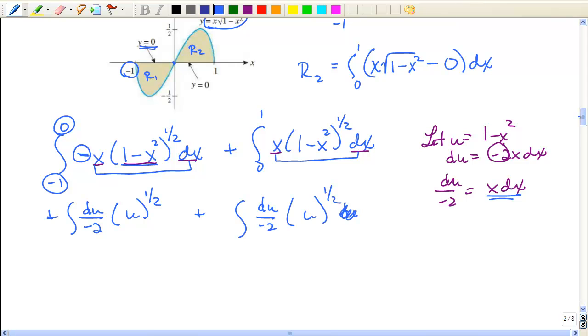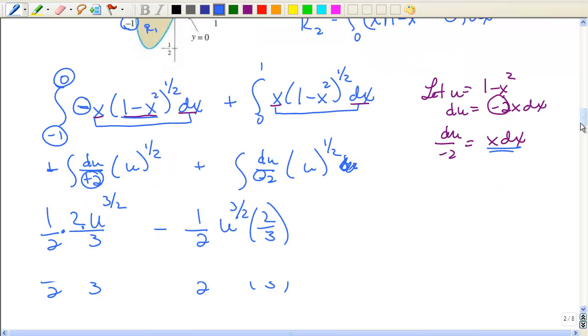So on this one I'm going to cancel out those negatives. U to the 1/2, I would add 1 and divide by that exponent, and then I have that 2 on the bottom there. On this one, I'm going to have the same thing, except that it's going to be negative.